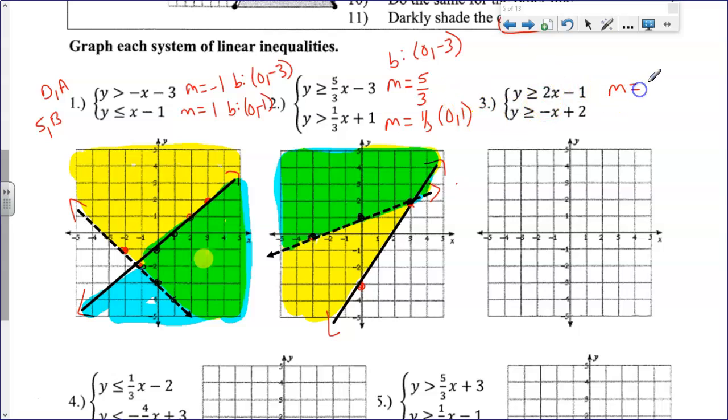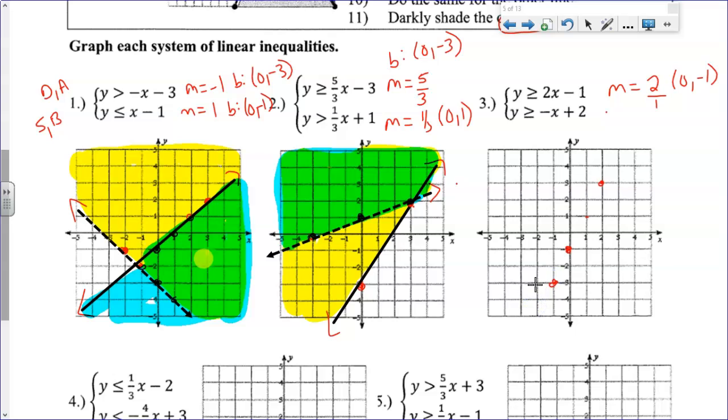Here our m is 2 and our b is (0, -1). So when we start graphing that, (0, -1), slope is 2. Remember, we can put that 2 over 1. So that's going to be up 2, right 1, or down 2, left 1. And then it is greater than or equal to, so that line will be solid.